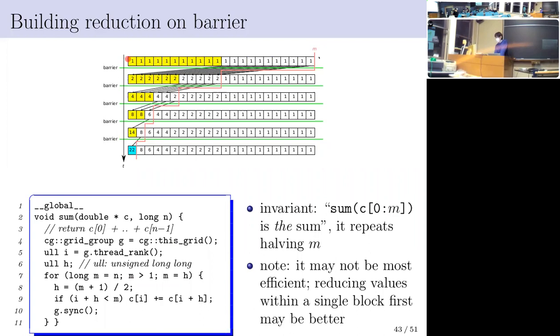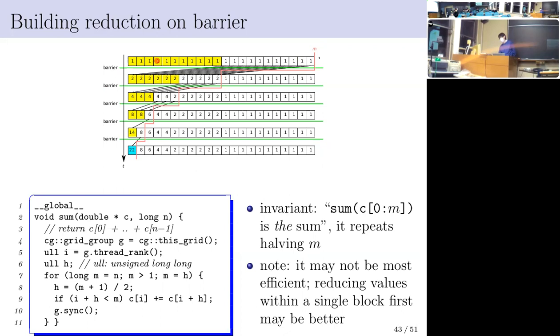So just consider that you are trying to calculate the sum of all these numbers in the array. And you just launch as many threads as the number of elements of the array. And in the first step, so basically you do this using a series of barrier synchronizations. So you have a barrier here, you have another barrier here, you have another barrier here.